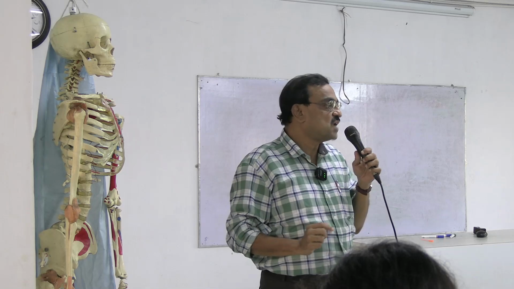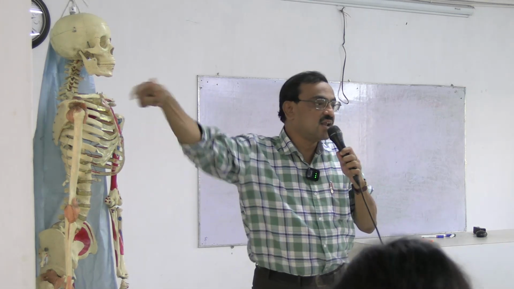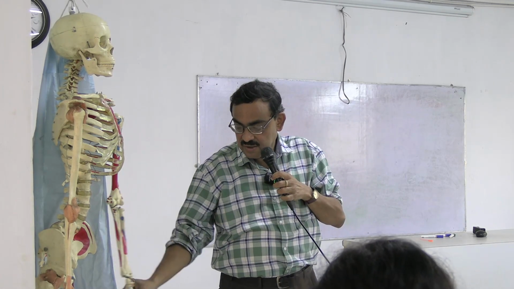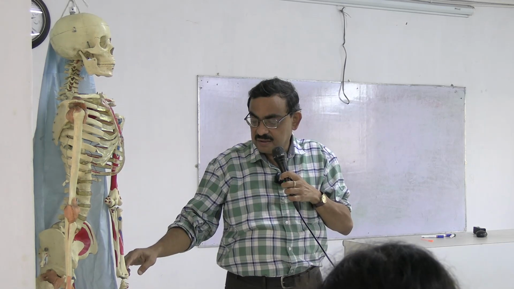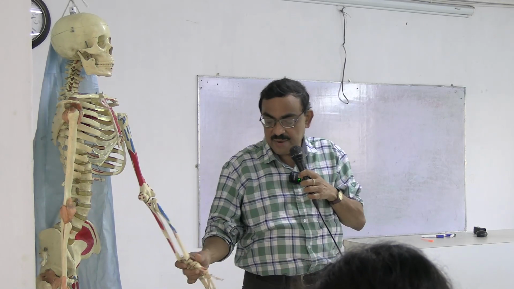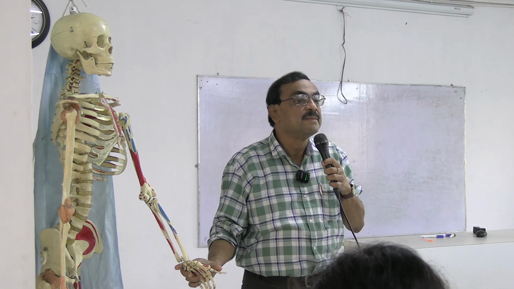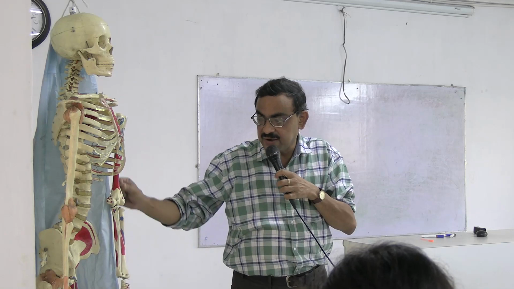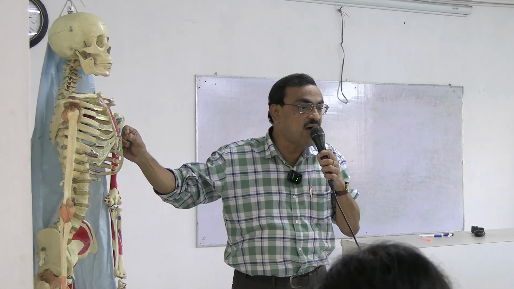Now there are some structures which pierce this clavipectoral fascia. One vein originates from the lateral part of the dorsum of the hand. That vein is called the cephalic vein. It continues on the lateral part of the forearm, then on the lateral part of the arm.